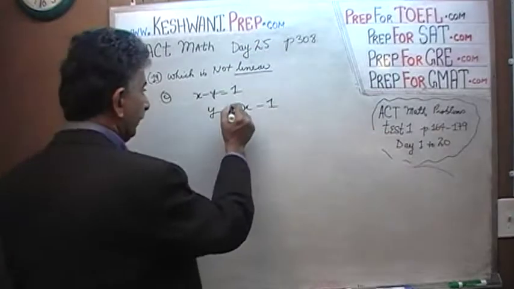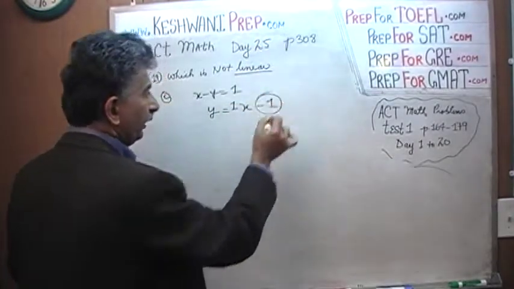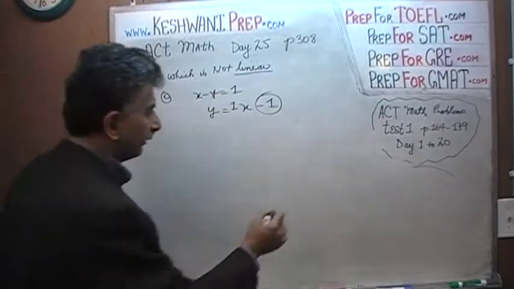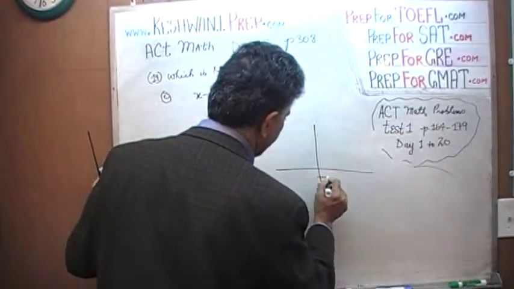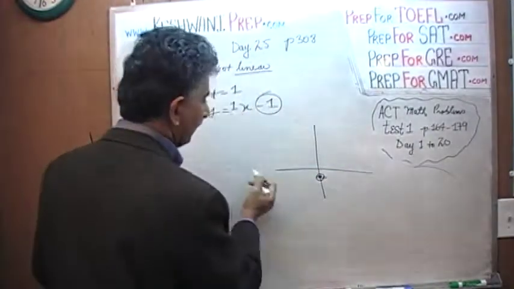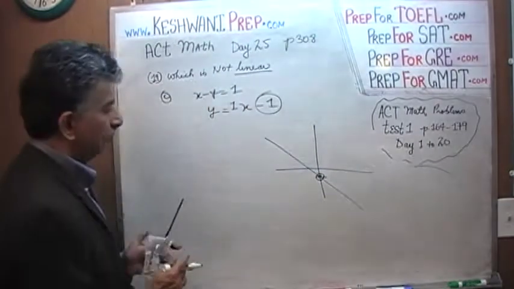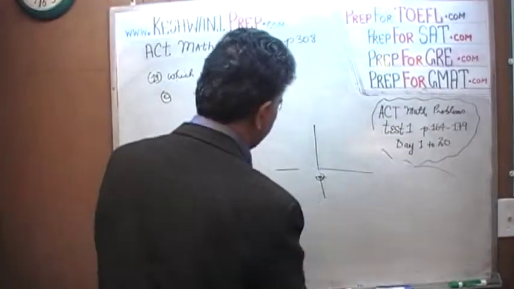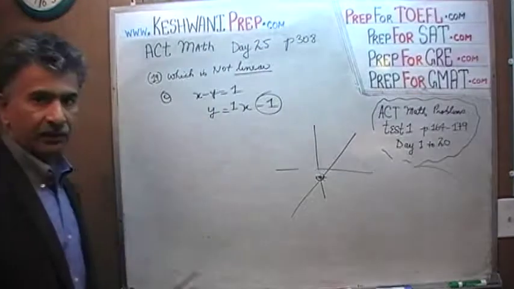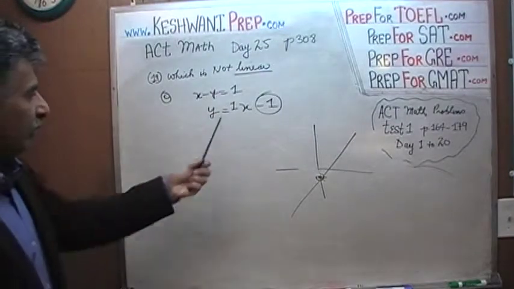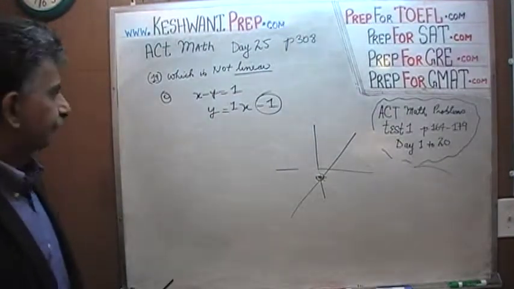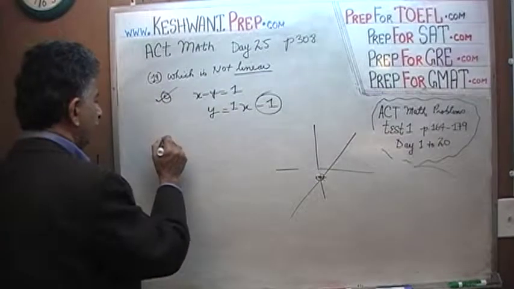Well, the slope is 1 and the y-intercept is negative 1. Oh no, that's a negatively sloped line, sorry. It goes something like this. It's a positively sloped line with a slope of 1. But it is an equation of a line.